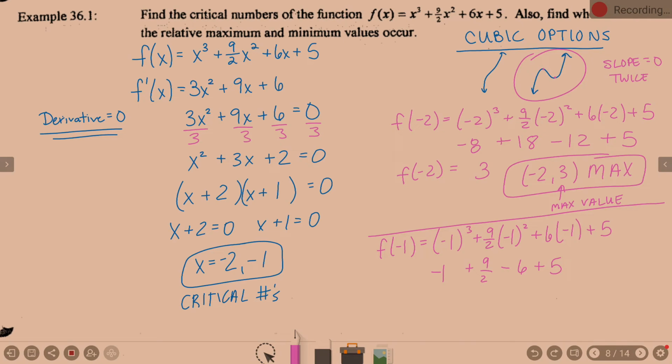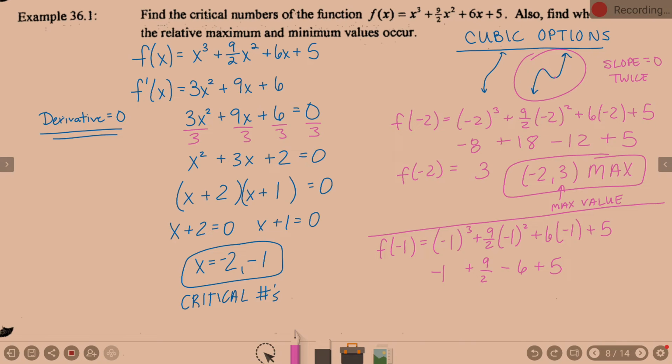Negative 1 and negative 6 is negative 7. Negative 7 plus 5 is negative 2. My brain says 9 halves is 4.5, so negative 2 plus 4.5 is 2.5. Or maybe you said negative 2 is negative 4 halves plus 9 halves, which is 5 halves.